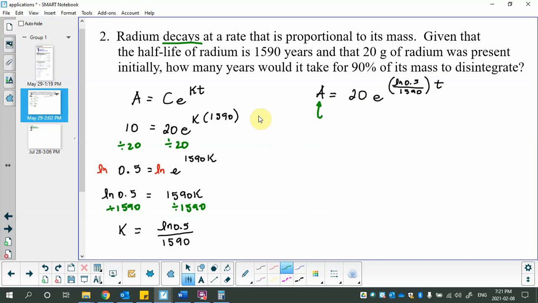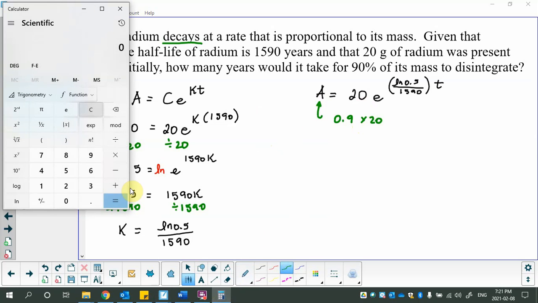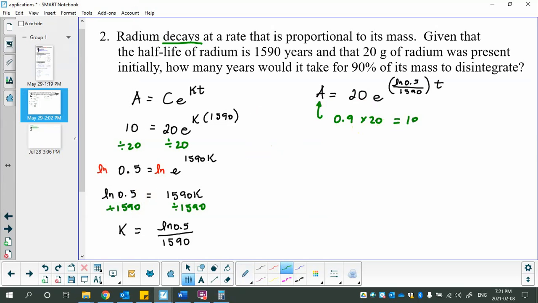So actually we want 90% to disintegrate. So 90% of 20 is 18. So 18 grams of this stuff is gone. We don't care how much is gone. We care that there are 2 grams left. So I am going to put a 2 in here.